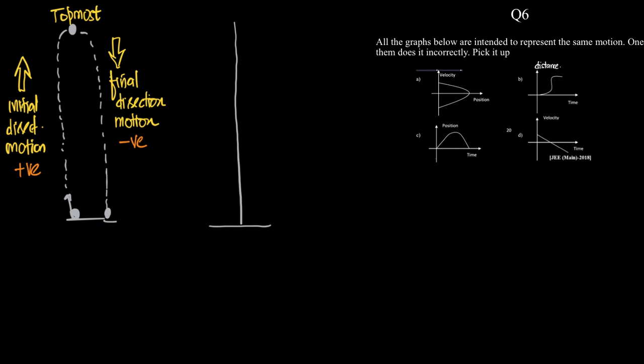So let us say this was the initial direction of the object, right? It reaches the top point, then comes down. So the object goes through these positions.